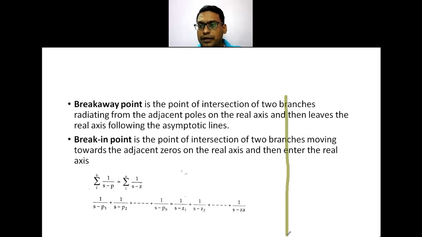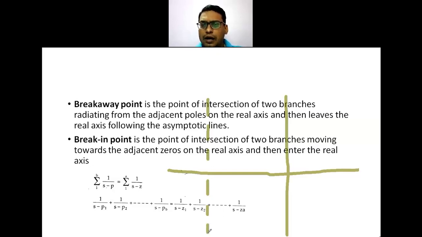So this is my real axis and the imaginary axis. This is the asymptotic line. Say two asymptotic lines are there. Then if one pole is here, another pole is here, and this is the center of gravity, which we have previously calculated.